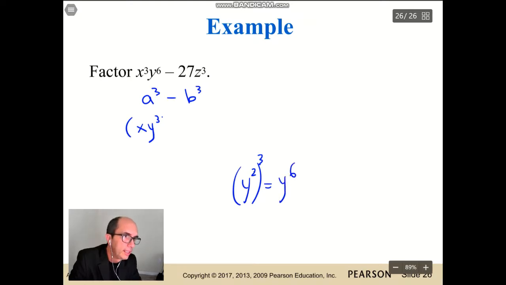We multiply the exponents. x y squared cubed minus 27, which is 3 times 3, 9 times 3, 27. So 3 cubed is 27.